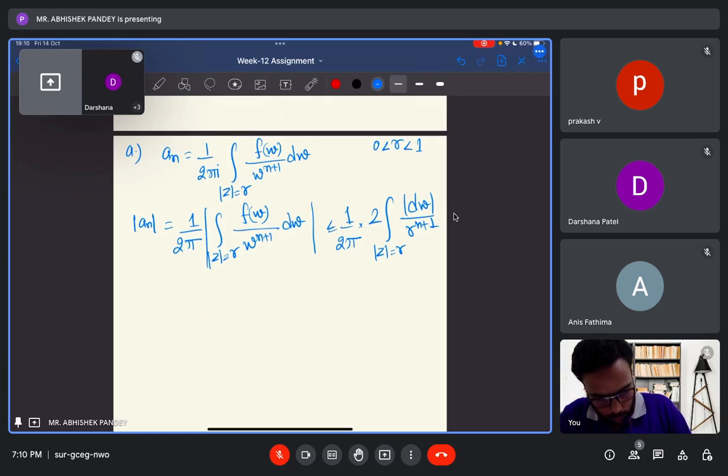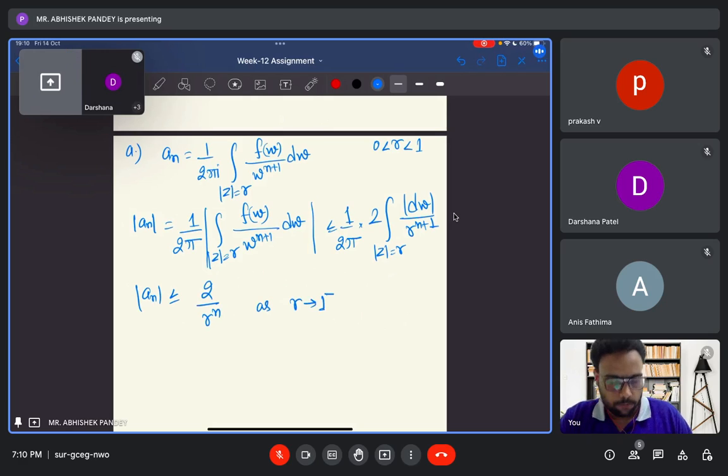So mod a_n is less than or equal to 2 by r to the power n. Now as r goes to 1 from the negative side, you will get mod a_n is less than or equal to 2 for all n greater than or equal to 2.